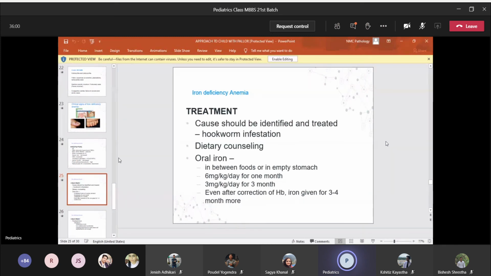The dose of oral iron in case of IDA is 6 mg per kg per day for 1 month, then 3 mg per kg per day for 3 months. Even after the hemoglobin level is corrected, we can prescribe iron for up to 3 to 4 months, and we can give it up to 6 to 12 months also.